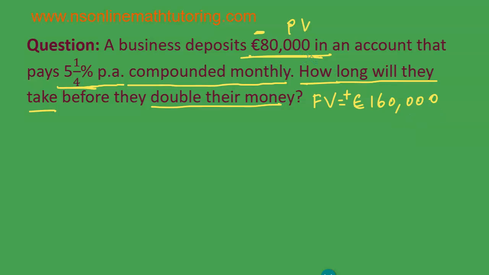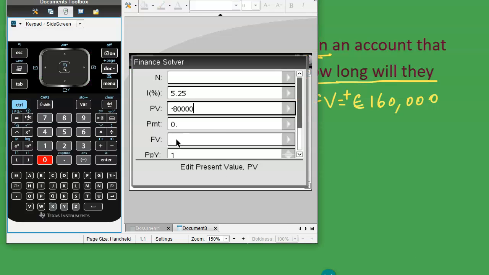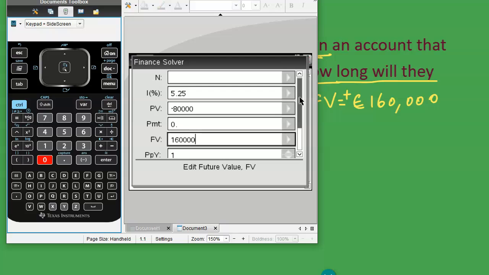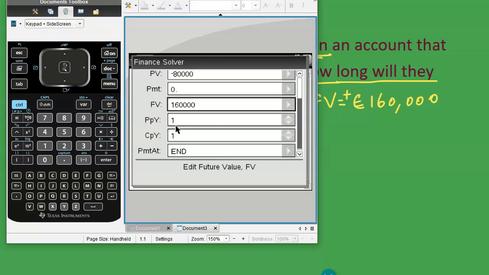Okay, the finance solver has gone. You can see the PV, present value of the investment, 80,000 euros. And the future value of the investment is 160,000. Now coming to payment per year.